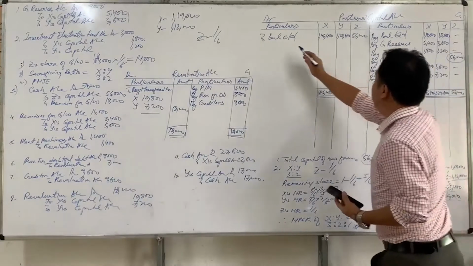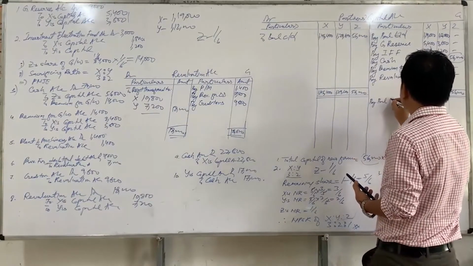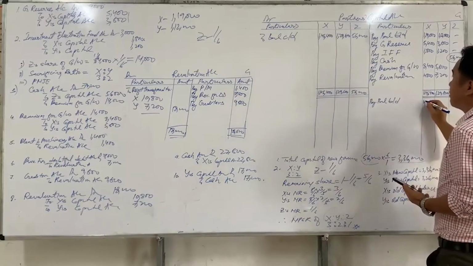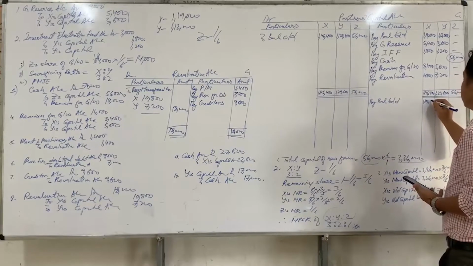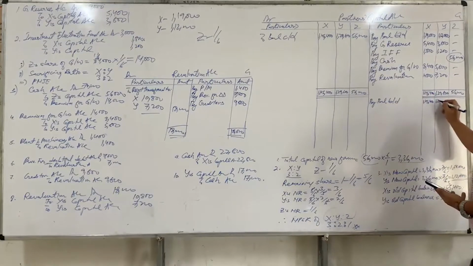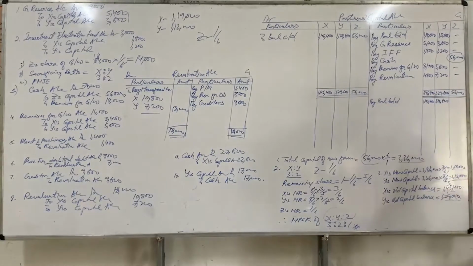Now we have to write the same amount here by balance brought down. Here, this is all capital balance, 1,45,400 and Y 1,29,600. Okay, sorry, I have made a mistake here. Here 1,29,600.